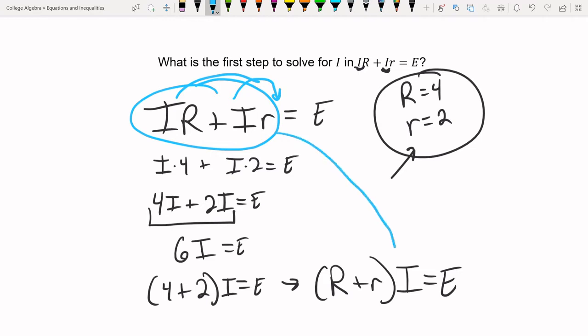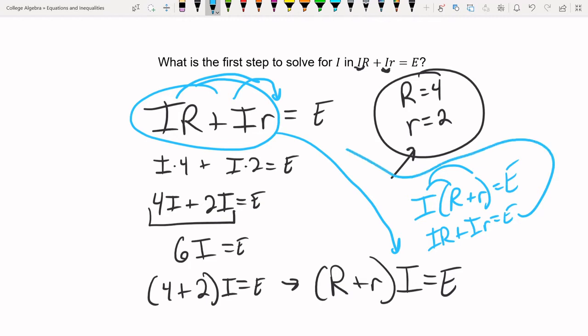It doesn't really matter which side you go on. I could say I times (R plus r) equals E. And you can see that this is true by just distributing the I back in. We get IR plus Ir equals E, which is the same thing we started with. So that's how you know what the first step is.